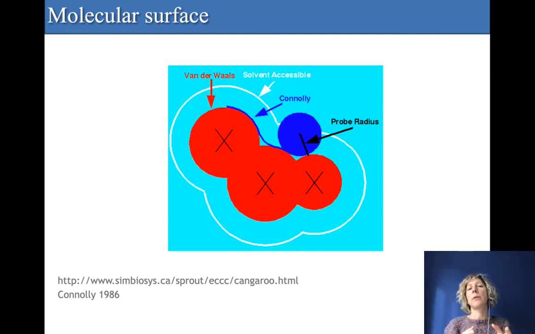So that's defined by the van der Waals radius. So you can simply roll that probe such that it is always in contact with these excluded volumes. And you can see that the thin blue line will define some surface, right? And this is the molecular surface. And then if you add the radius of the probe, you define the solvent accessible surface, which is actually the surface that can be touched by water. Okay, so this volume that is included in the molecular surface is not penetrable by water.